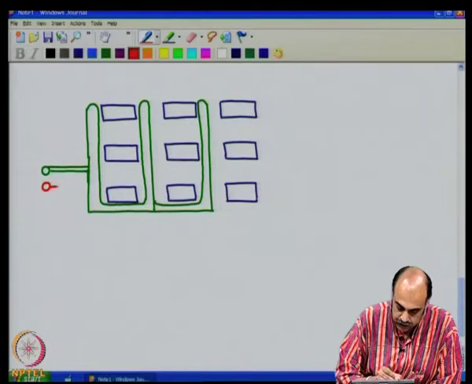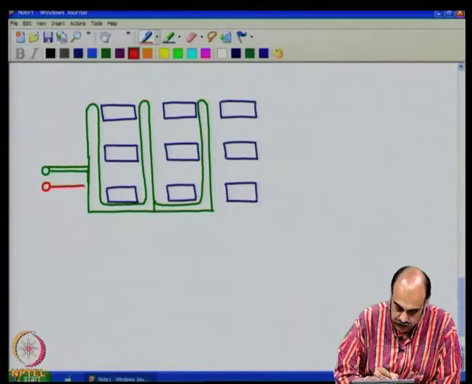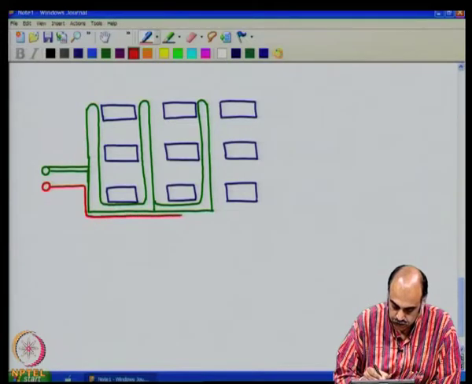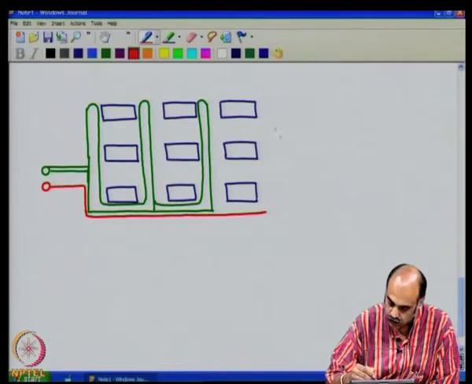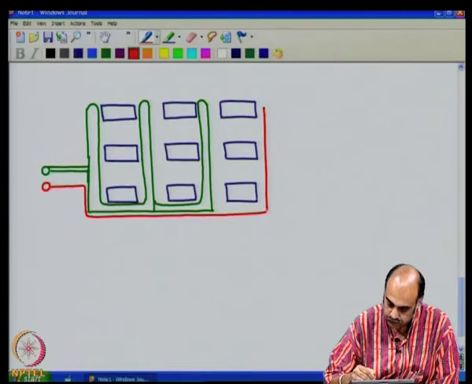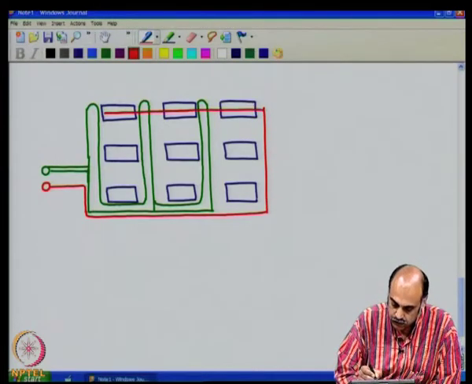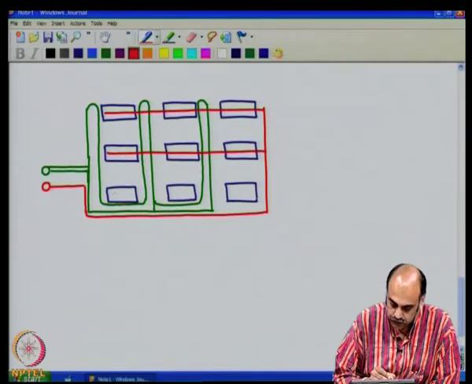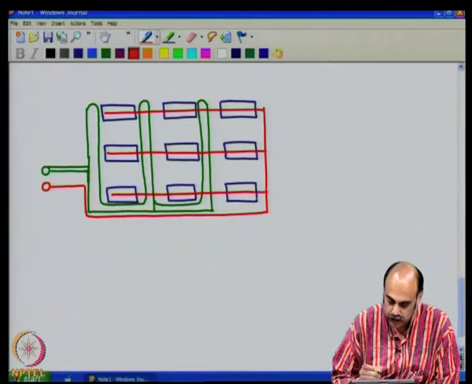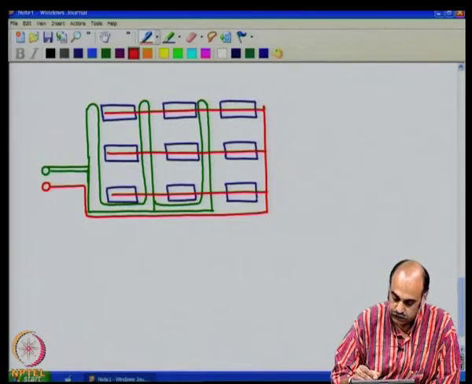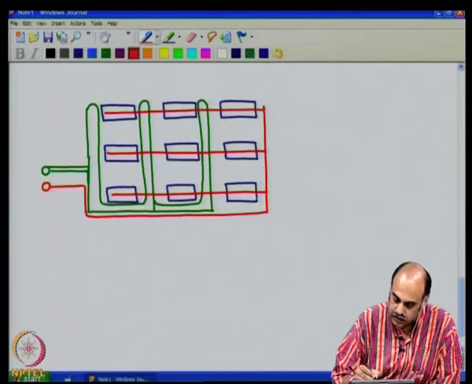And then you have the supply line, VCC line, which goes in like that, and goes horizontal right through like that. And then of course, there is thickness associated with all these.